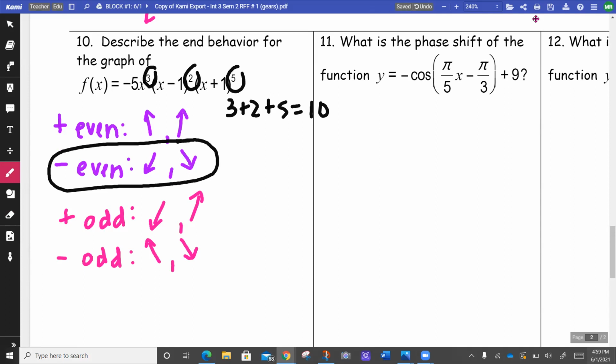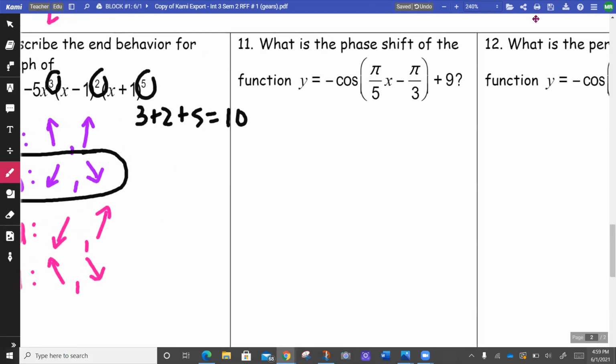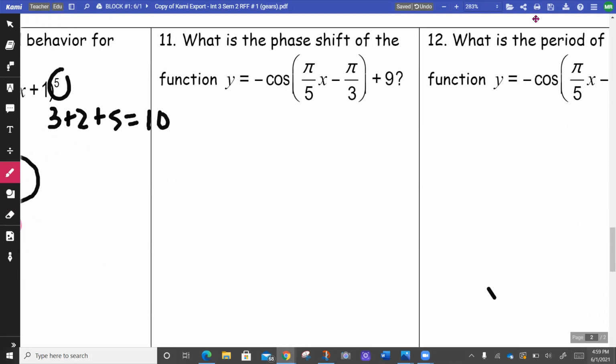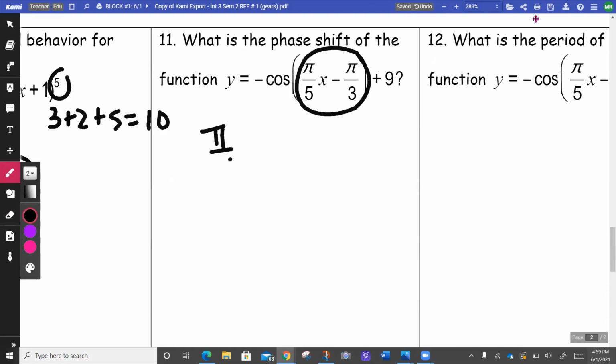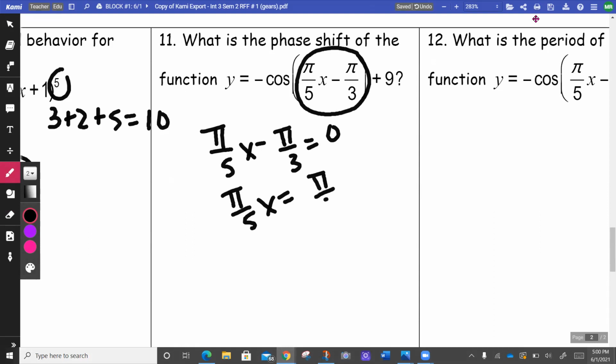What is the phase shift of the function y equals negative cosine of negative pi fifths x minus pi thirds? Okay, phase shift. Phase shift is what makes this 0. So I'm going to take pi fifths x minus pi thirds, set it equal to 0 and solve. So pi fifths x equals pi thirds.